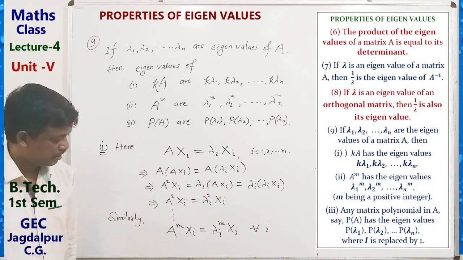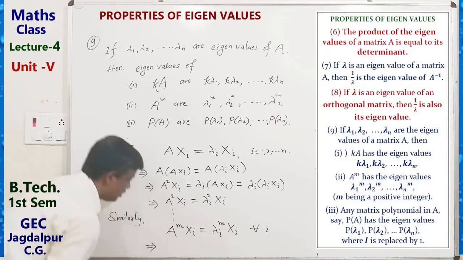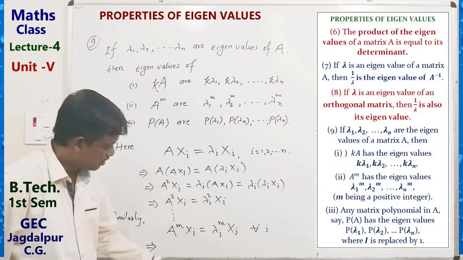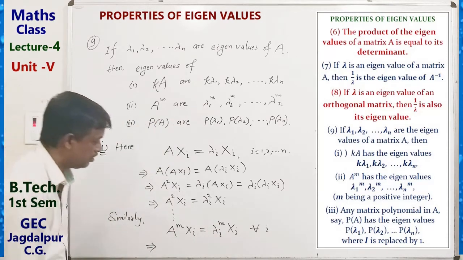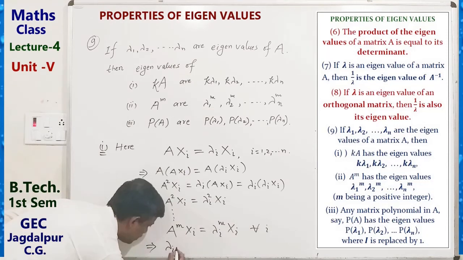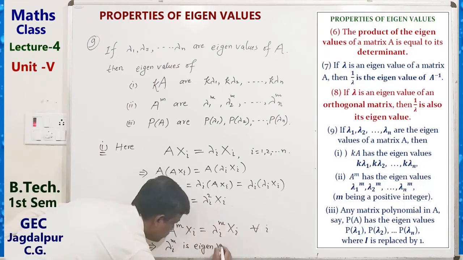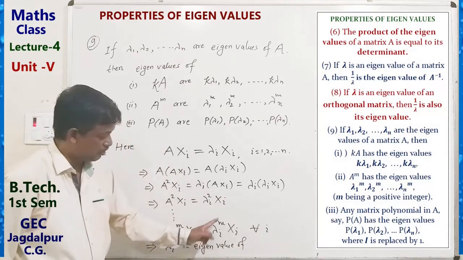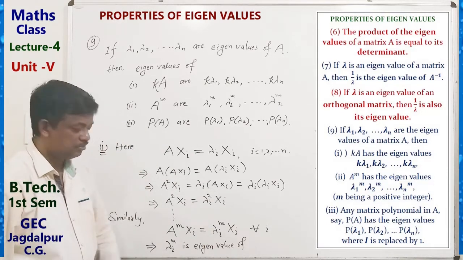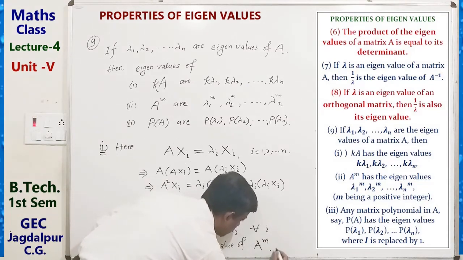Which shows that lambda i to the power m is an eigenvalue of A to the power m for all i.